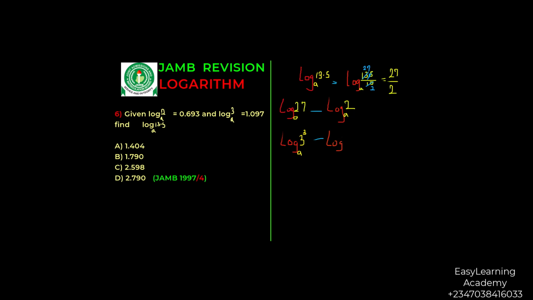Let's try to tidy this up. Now something's going to happen as usual. Remember, the power moves down. We solved something like this previously in one of our classes. So the 3 comes over here and the log opens up, so we have 3 log 3 base a.